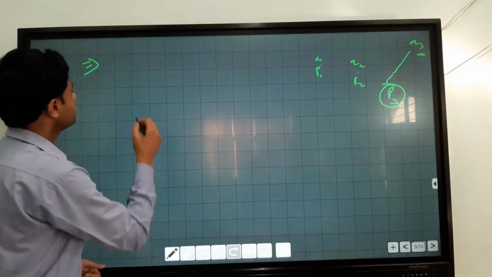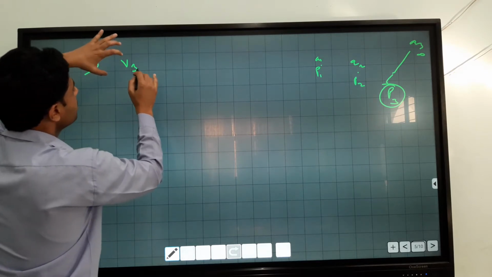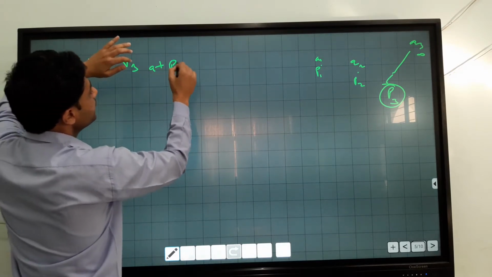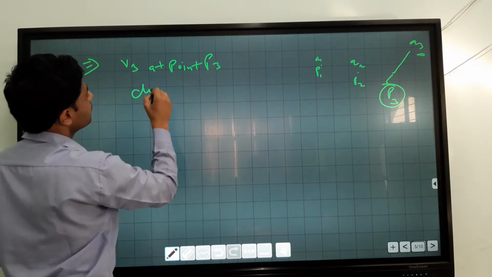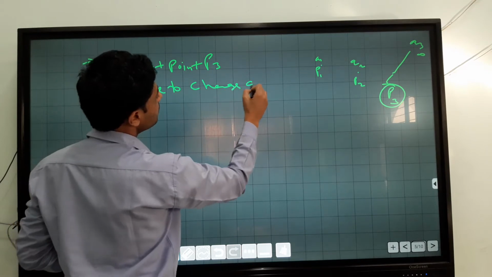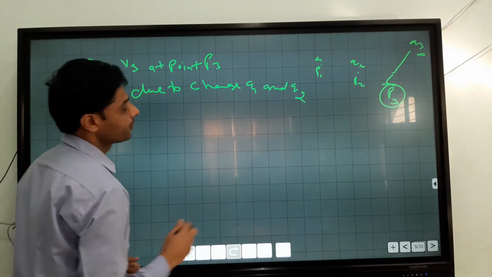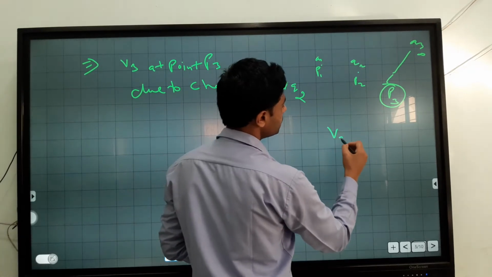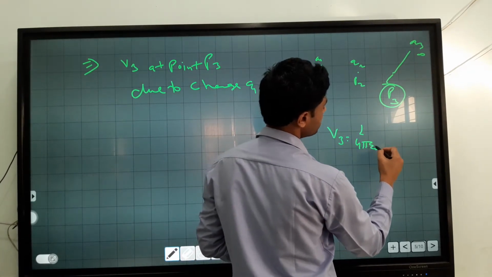So there is a potential V3 at point P3 due to charges Q1 and Q2.